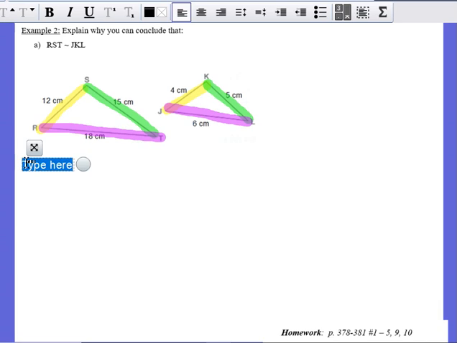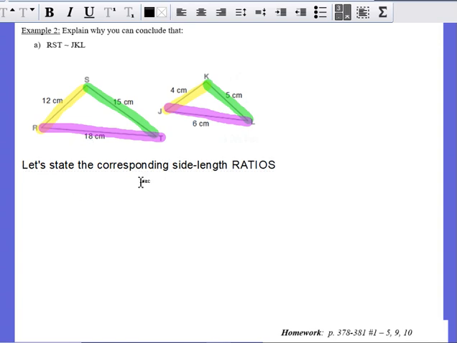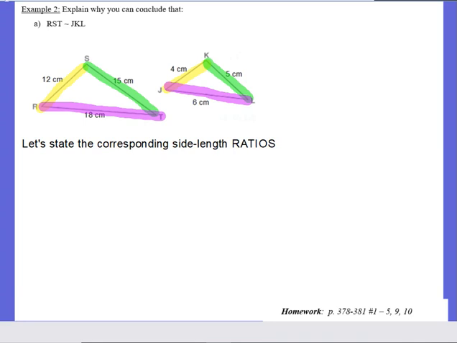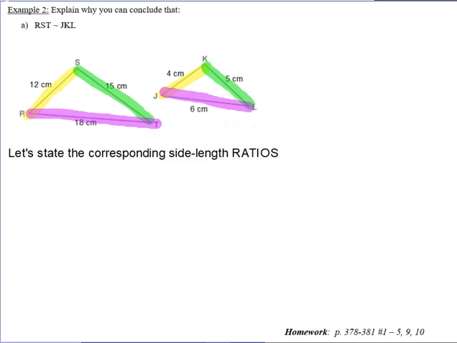Now, some of you might be jumping out of your chair saying, I see the pattern, I can see it. Absolutely. Now, I just need you to get into the habit of writing the corresponding side length ratios. Let me write that down. Because we know that if the ratios are equal to one another, it just means that the triangles are proportionate.